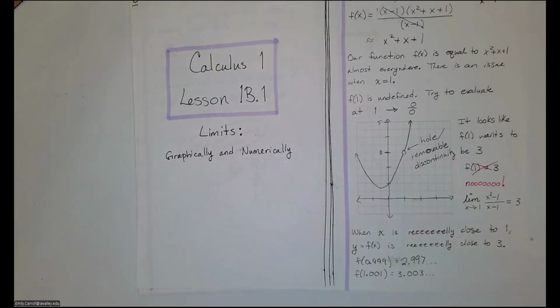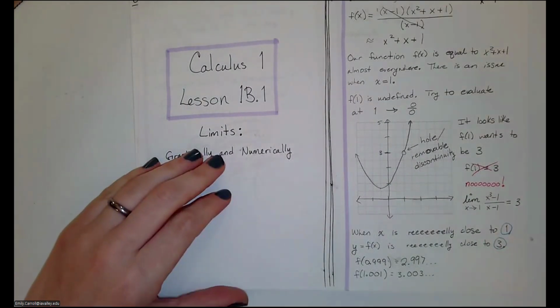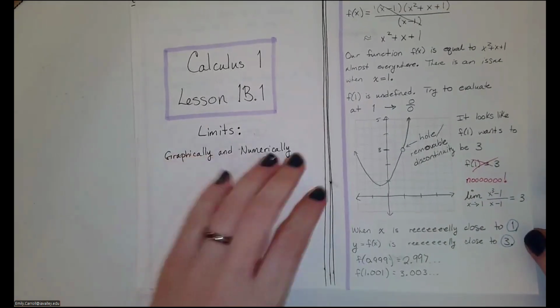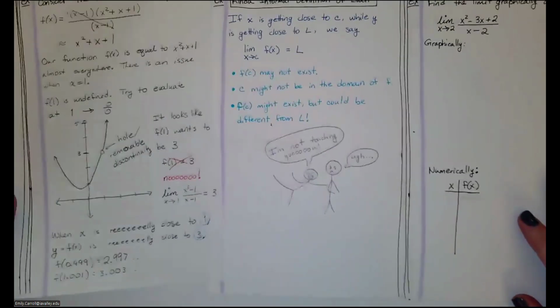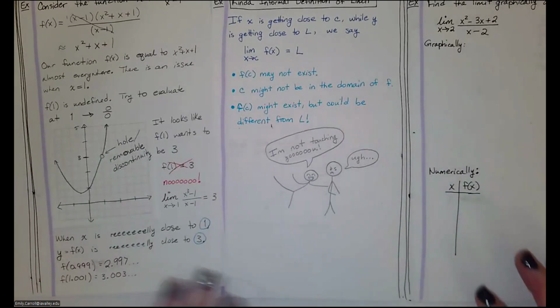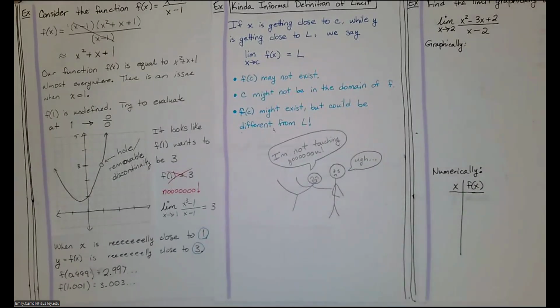Let's take the 1 and the 3 and replace them with variables, because we're going to talk about this for general arbitrary functions and not just this one. So if x is getting really close to some number c, while the y value is getting really close to some other number L, then we say the limit as x goes to c of f of x equals L. Geez, that's a lot of letters there, right?